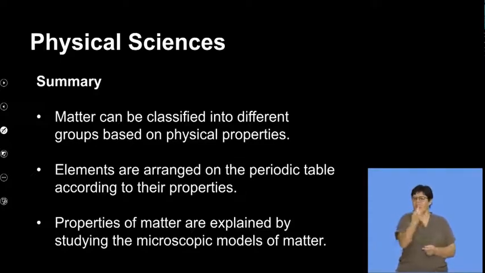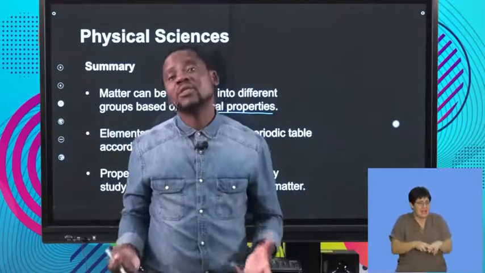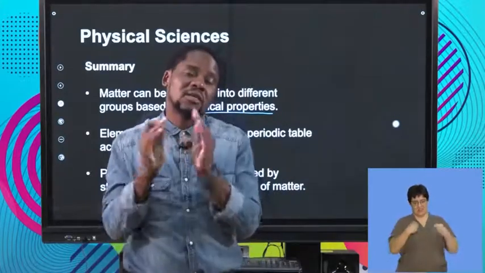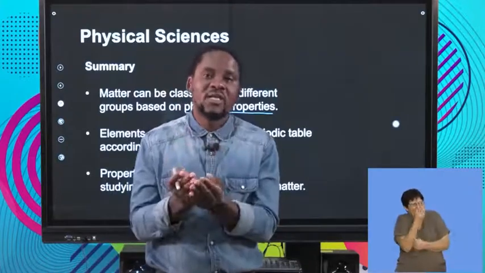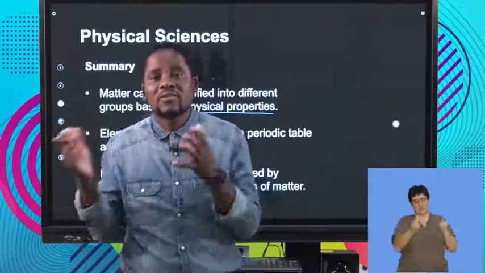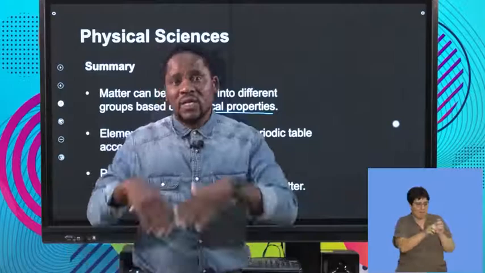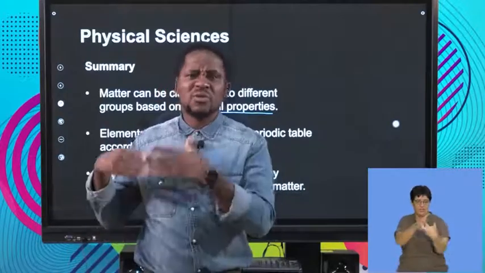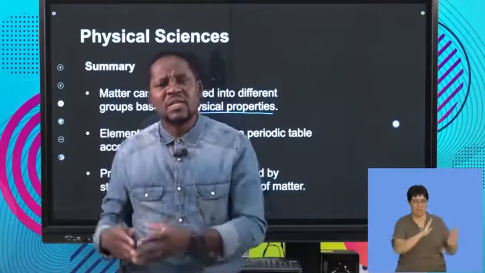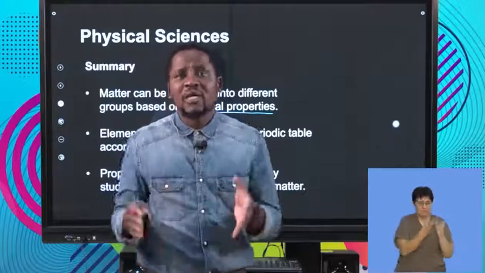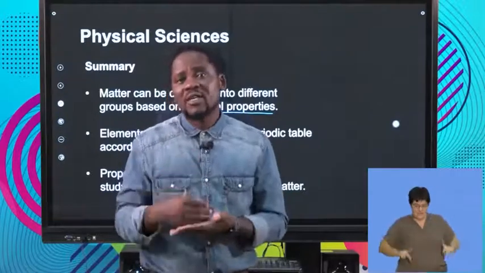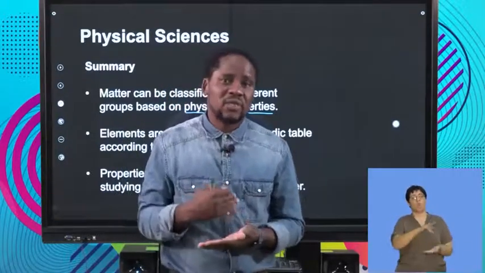Matter can be classified into different groups based on physical properties. One cannot overemphasize the importance of understanding the physical properties of materials so that we are able to classify or categorize them in terms of their behavior and the packaging of materials. Physical properties are very central as far as the periodic table is concerned.